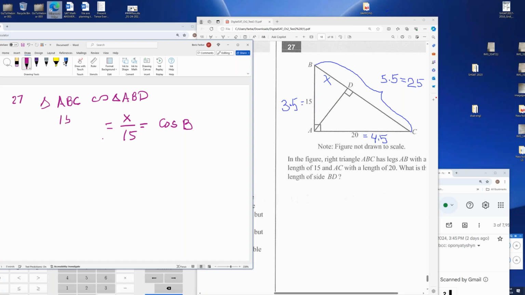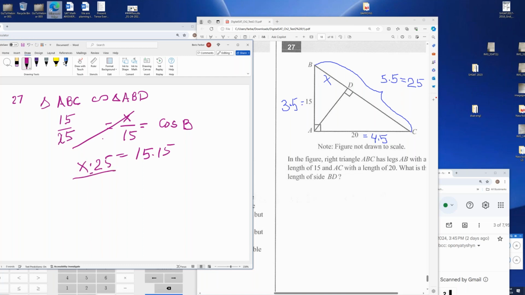I mean AB to hypotenuse BC, 15 to 25. Okay, we made this proportion, and after that, x times 25 equals 15 times 15.